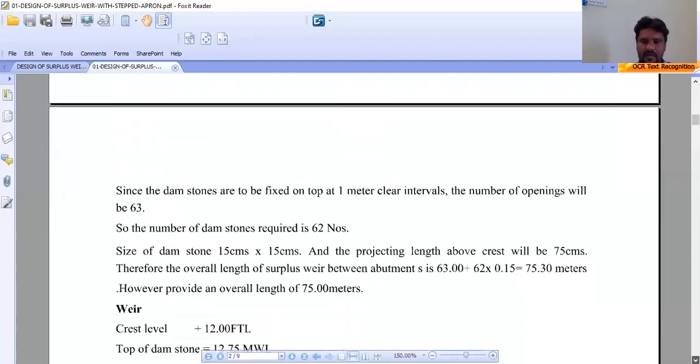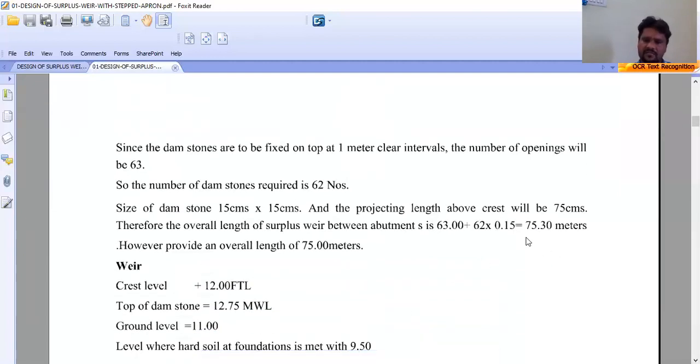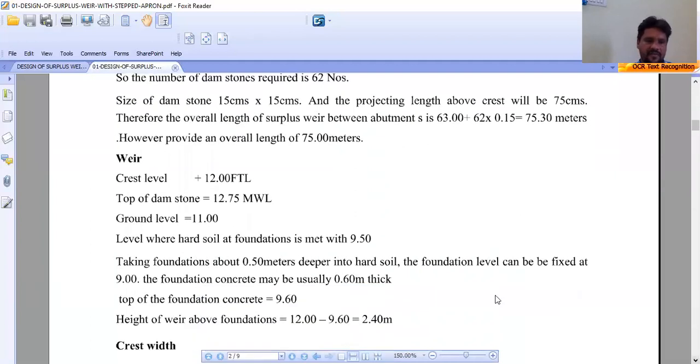We can round it up to 75 meter. Now, it is already given that the crest level is 12 meter. This is FTL, and the top of the dam stone is 12.75, the MWL level.